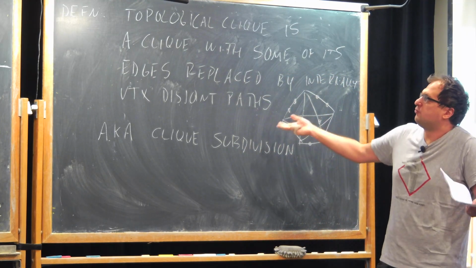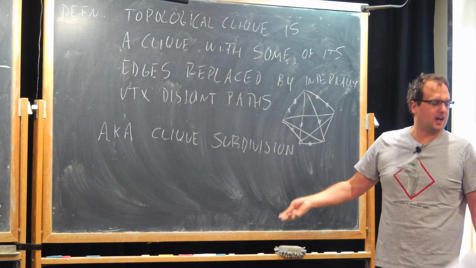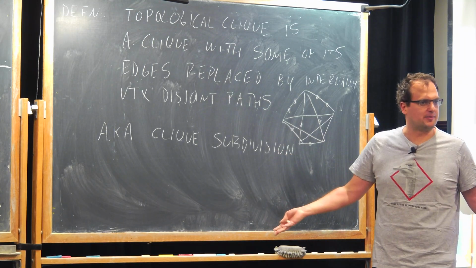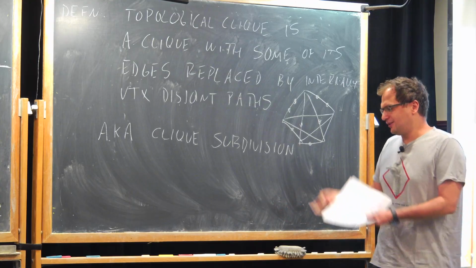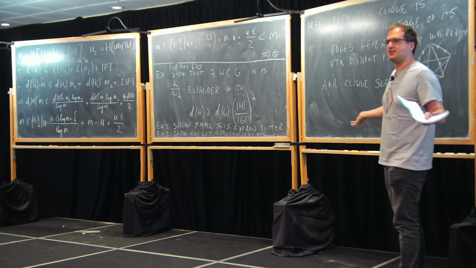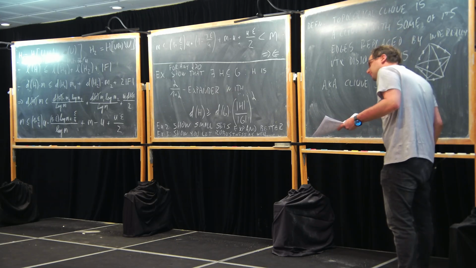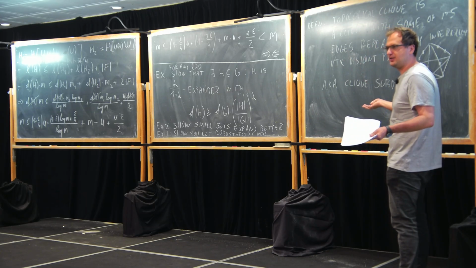The most basic extremal problem is how many edges do you need to have in a graph to find a clique? That's what Turán's theorem answers. And it's actually quite useful to find cliques in your graphs when you're working on a bunch of different problems. But unfortunately, Turán tells you you need to have a lot of edges.